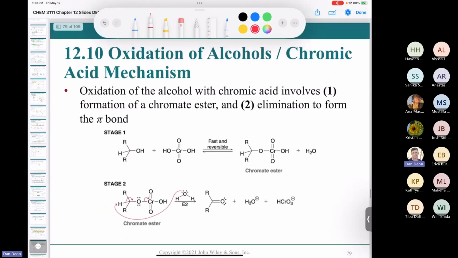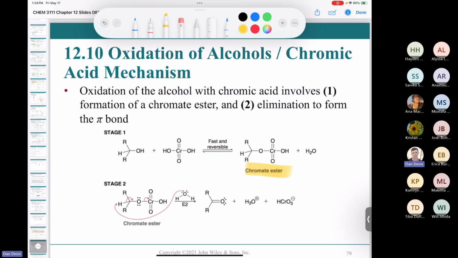So with that in mind, I told you that you don't need to know the mechanism of the oxidation reactions, but the more you understand it, probably the easier the class becomes. So how does chromic acid oxidize an alcohol? Well, it's a 2-stage process. The first stage is that the chromic acid reacts with the alcohol to form what we call a chromate ester.